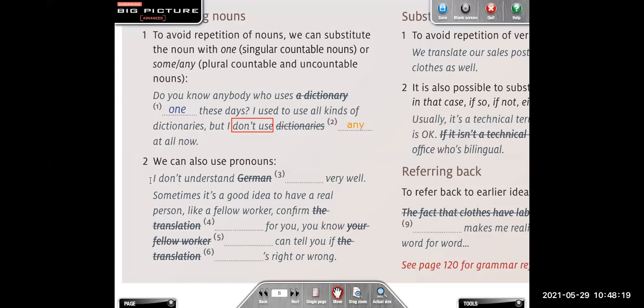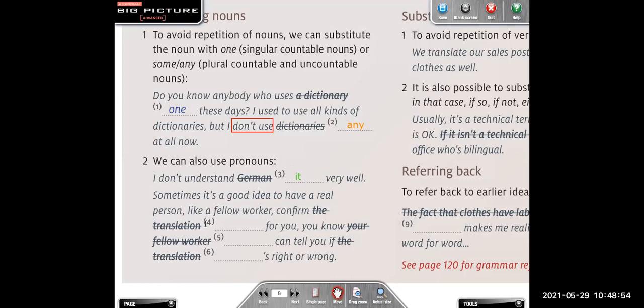Very good. Number 2. We can also use pronouns. Remember the pronouns? So, I don't understand German very well. How can we replace German with a pronoun? It. Very good. I don't understand it very well. The next one. Sometimes it's a good idea to have a real person, like a fellow worker, confirm the translation.